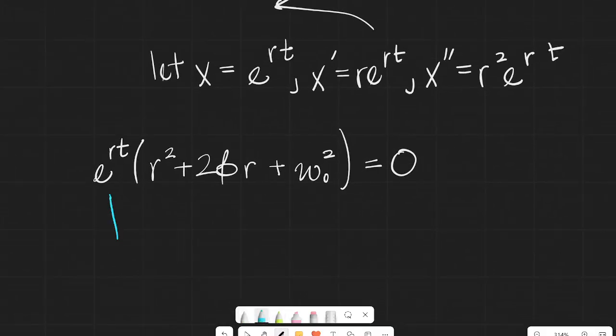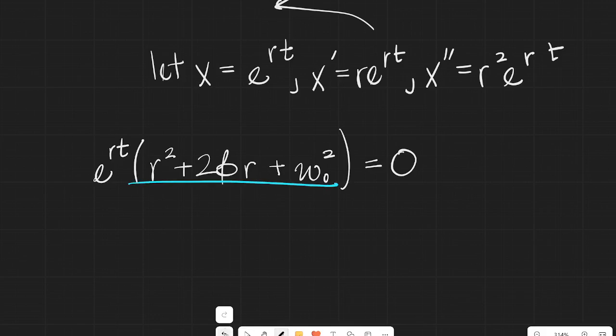We know that the exponential function can never be 0. That must mean that the polynomial in this equation is the thing that is equal to 0.